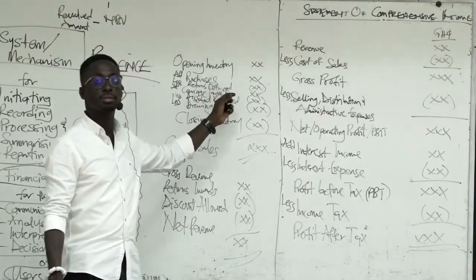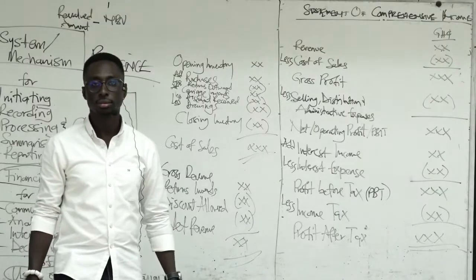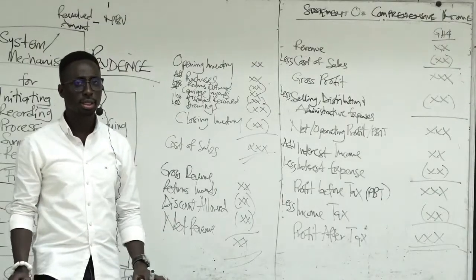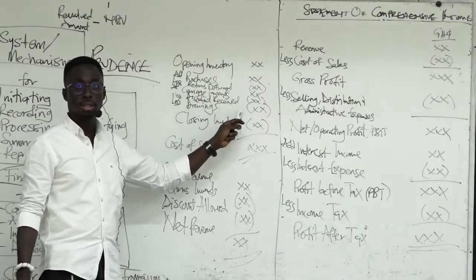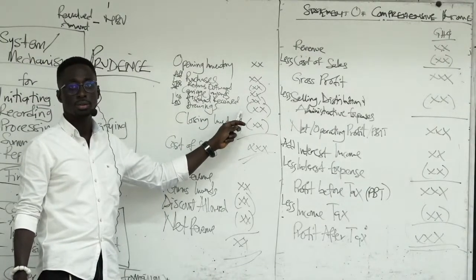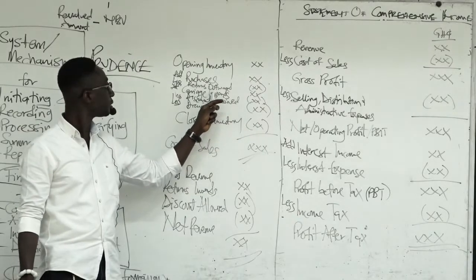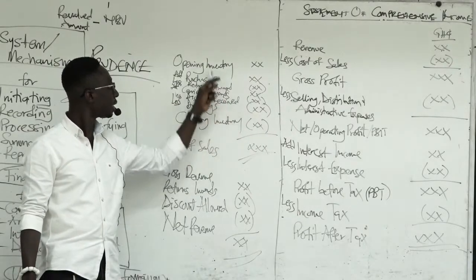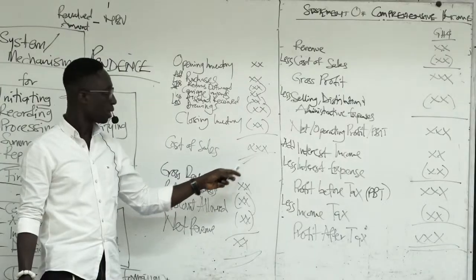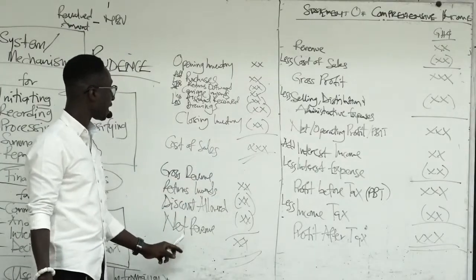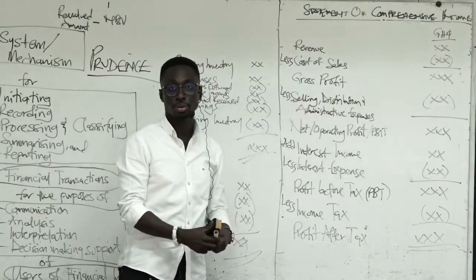So the discount allowed, which one am I taking it out from? Sorry, say that again. The discount received, see all those things up there, they make the cost of sales, right? Yes. What does it do? It gives you this net revenue.